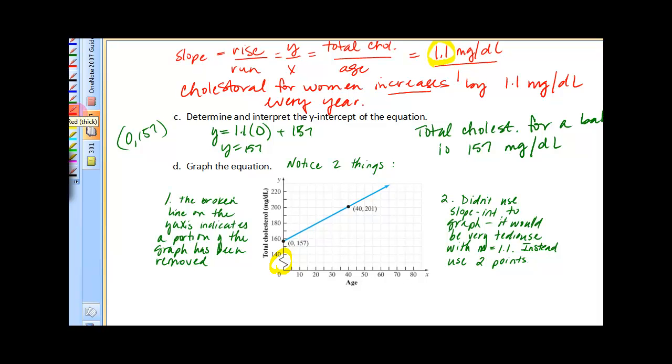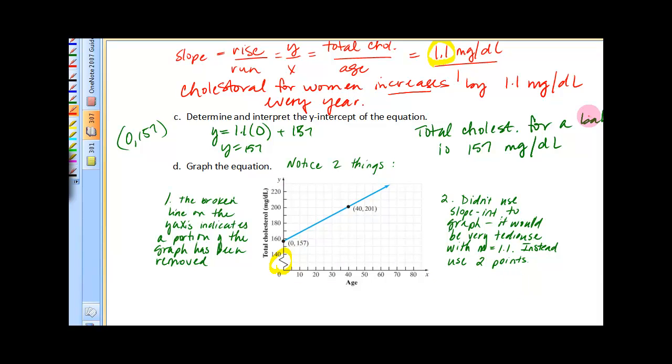So instead, we know our intercept, and we know our other point, for a woman of age 50, it was 201 total cholesterol. So now I have 2 points, and that's all I need to draw a line. I can draw a line with my graph here.